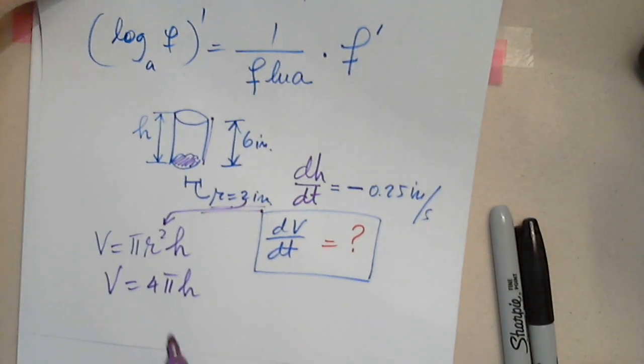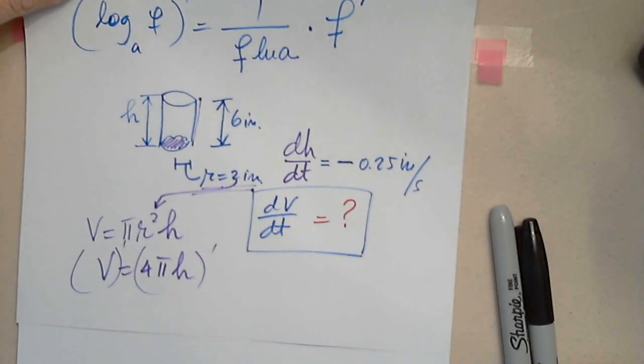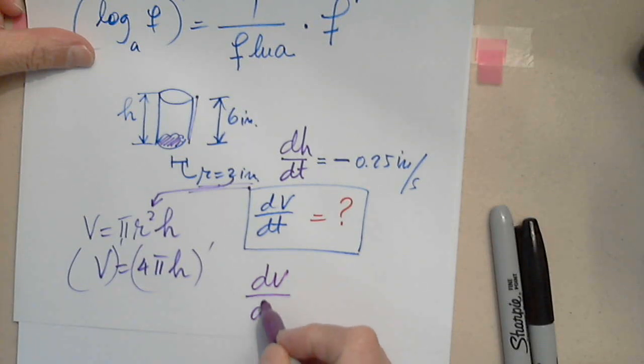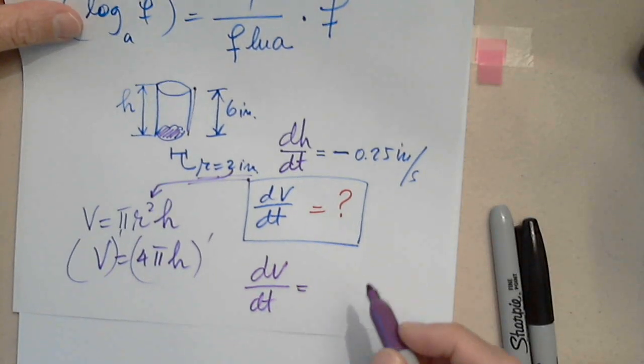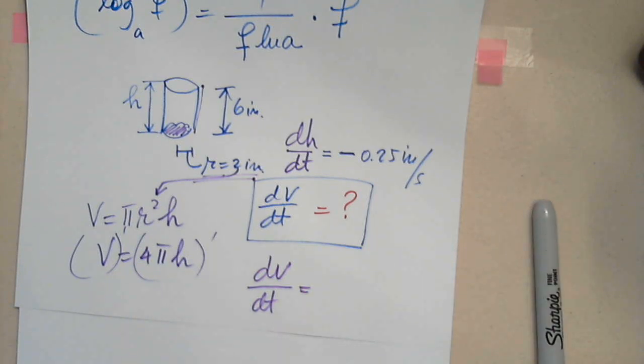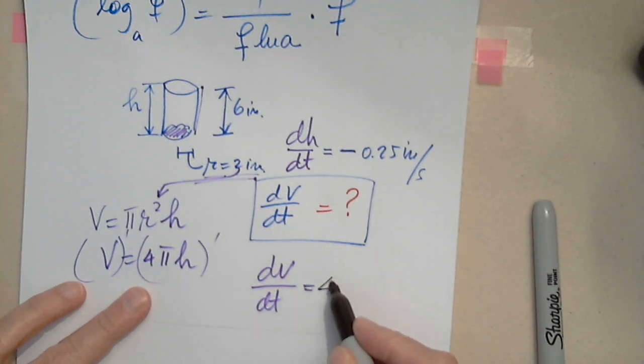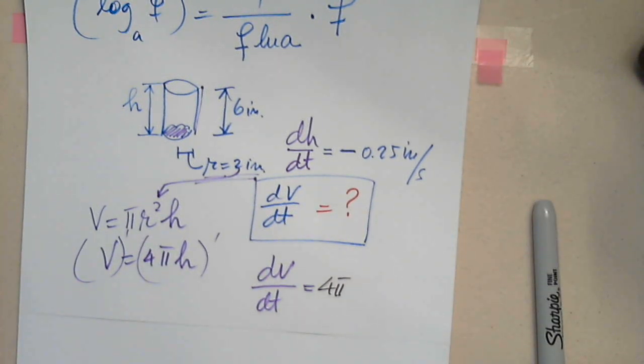So now when we differentiate, on the left-hand side we get just dV over dt. And on the right-hand side we get, can anyone help? 4 pi is a constant, I can't change that.